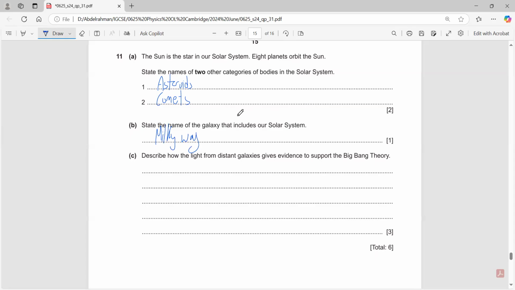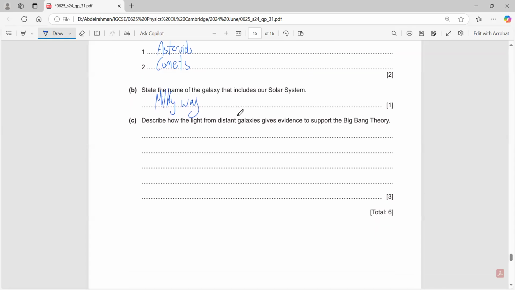Excellent. Describe how the light from distant galaxies gives evidence to support the Big Bang Theory. How did we come up with this theory? The light being produced by very distant galaxies was red shifted.